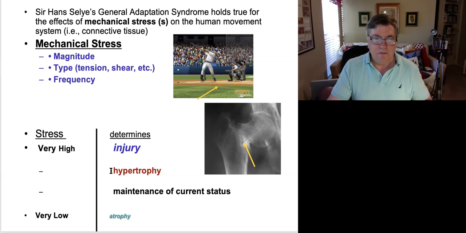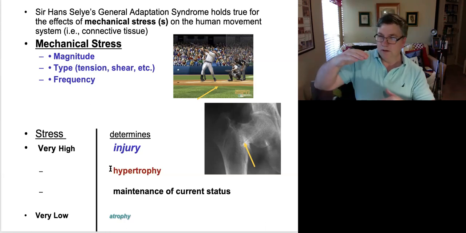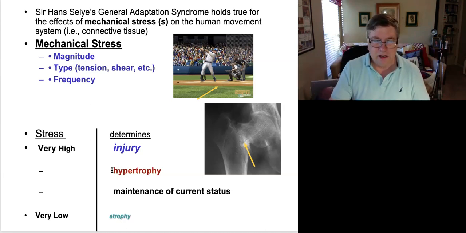In terms of increasing mass, hypertrophy happens when there's an increase in mechanical stress, but it's in the Goldilocks zone. Not too little, not too much, getting it just right. So the adaptation is an increase in mass, cross-sectional area, density if it's a bone.